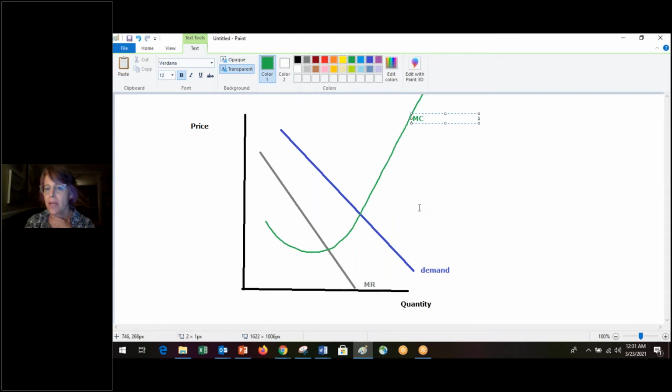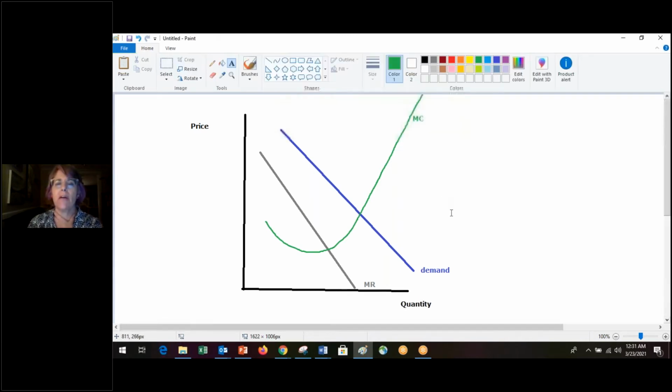Now, the only thing that we have left to draw is our average total cost. Just as in the last section, we have when they're making a profit and when they're making a loss. If you start with this graph, pretty much exactly this graph, where you put your average total cost curve will determine if you're going to be making a profit or a loss. We don't have the whole shutdown thing. We're just looking at what's their profit and what's their loss.